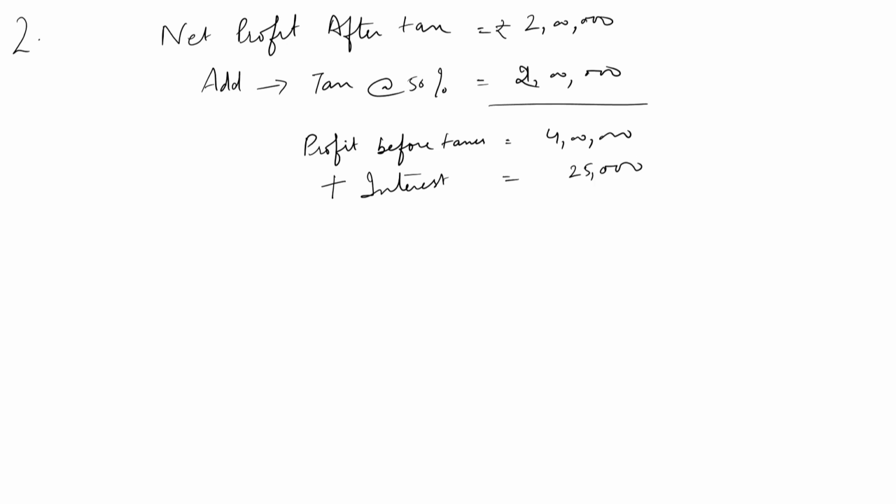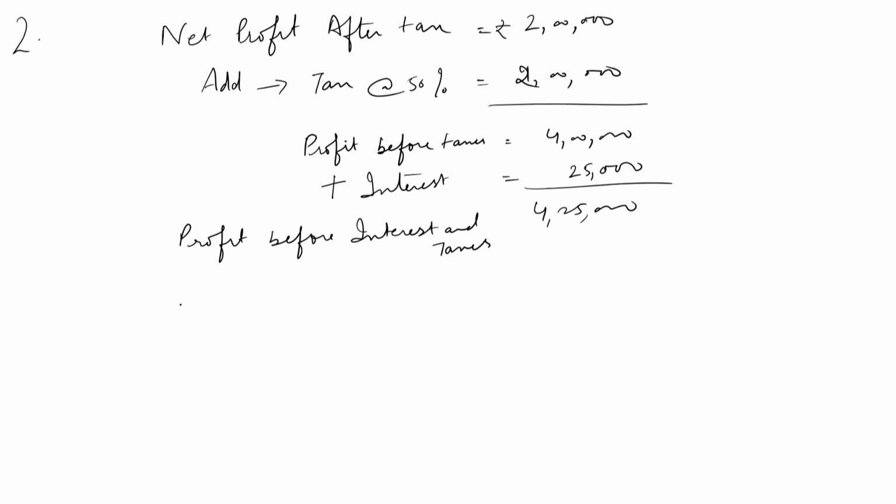So we reach the figure of 4,25,000. This is our profit before interest and taxes, or in other terms we call it EBIT, earnings before interest and taxes.